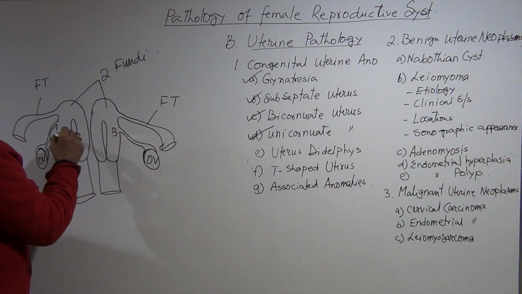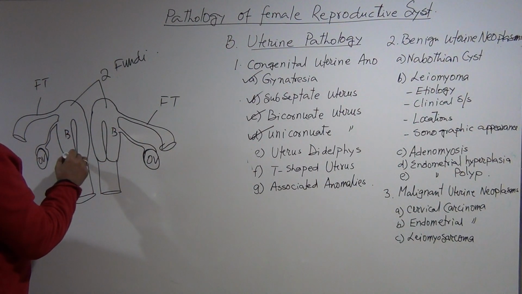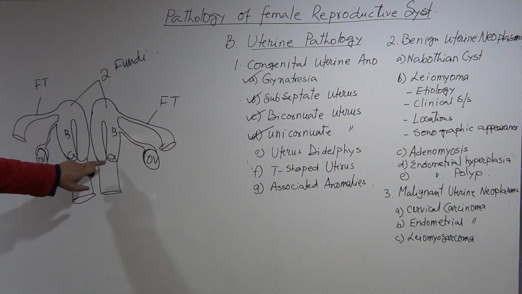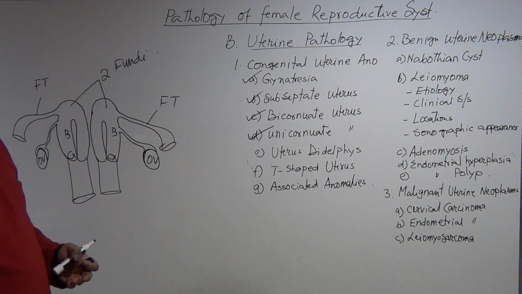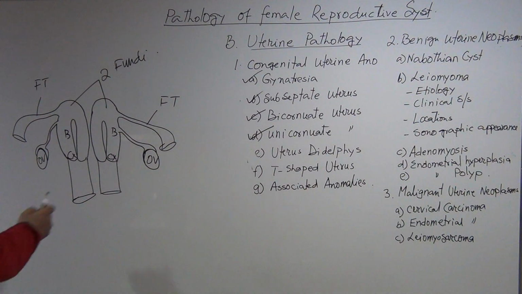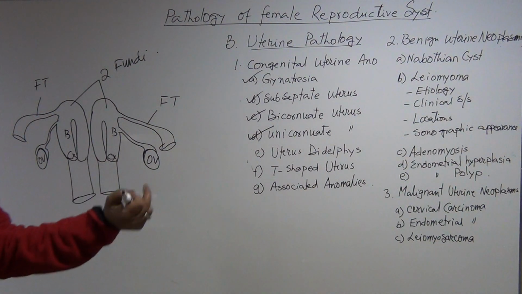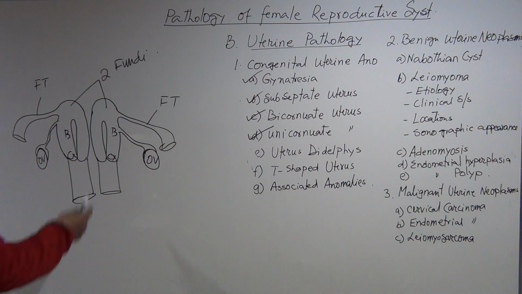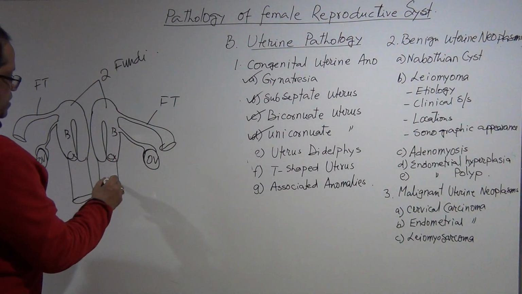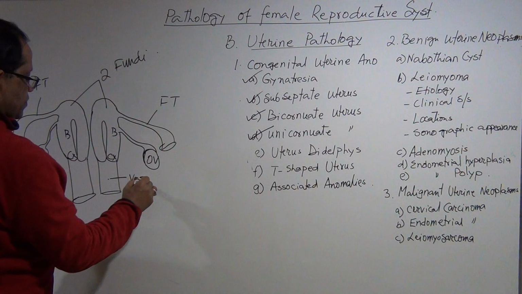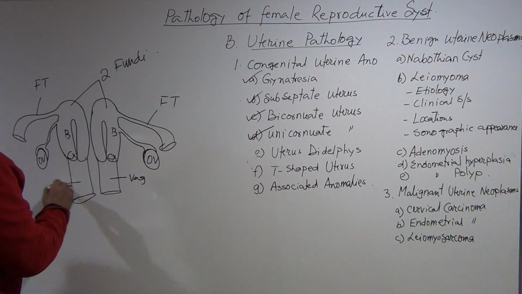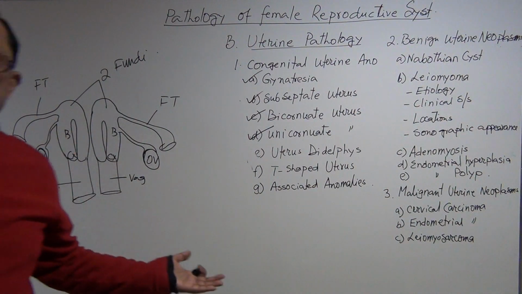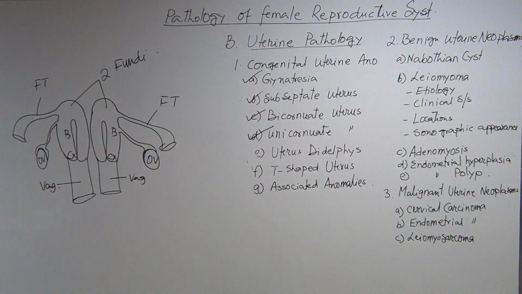This is body, this is body, this is cervix, this is cervix. Now once there are two cervix, keep that in mind, the vagina will not fuse either. One vagina for one cervix, and two vagina for two cervix.